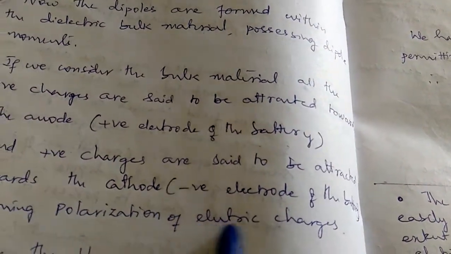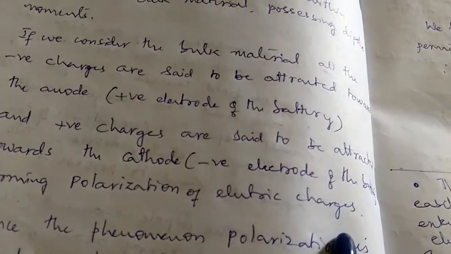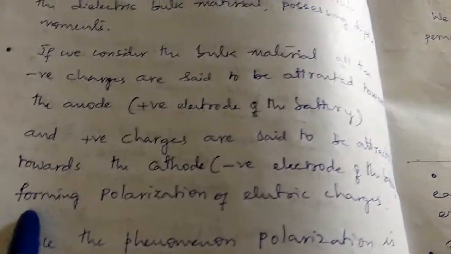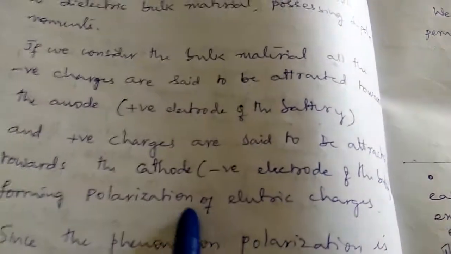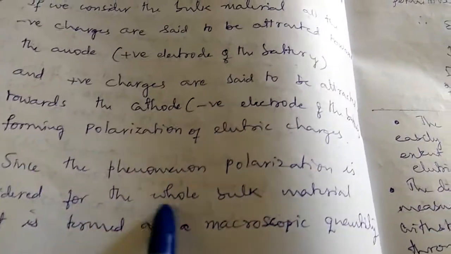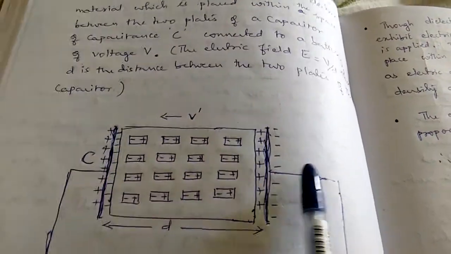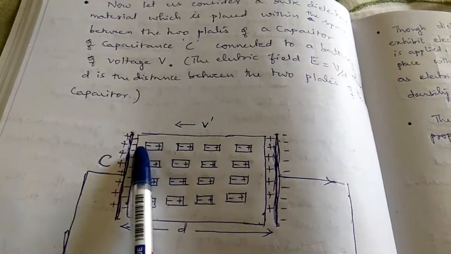And this is known as polarization of electric charges. Okay, so here the concept of polarization comes into play, forming polarization of electric charges. Since the phenomenon of polarization is considered for the whole bulk material, here negative charges and positive charges are separated.